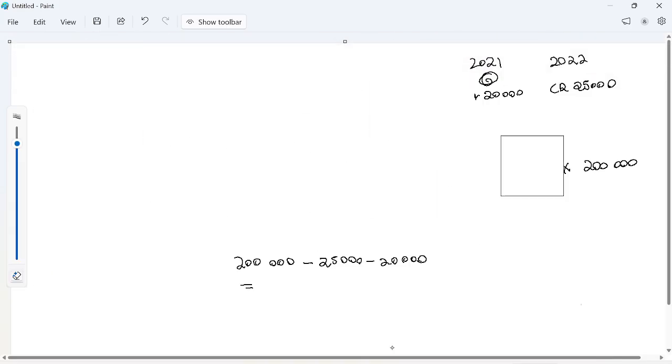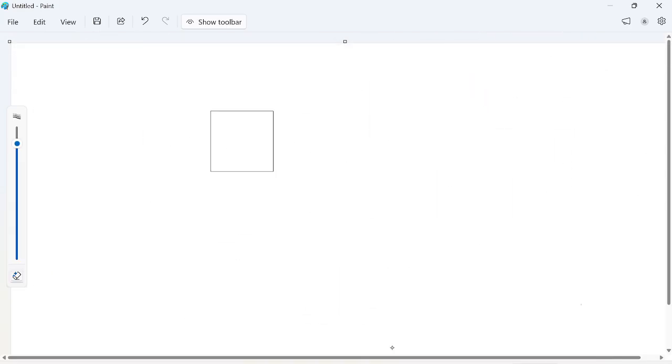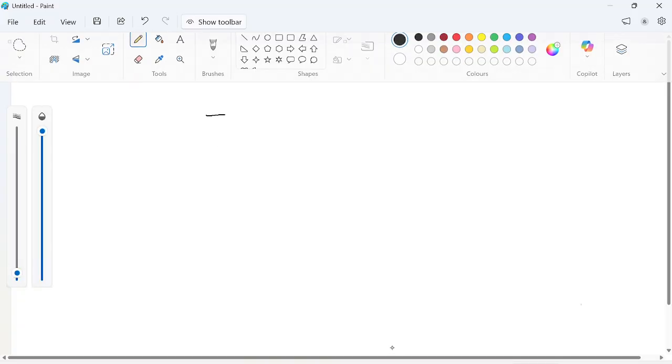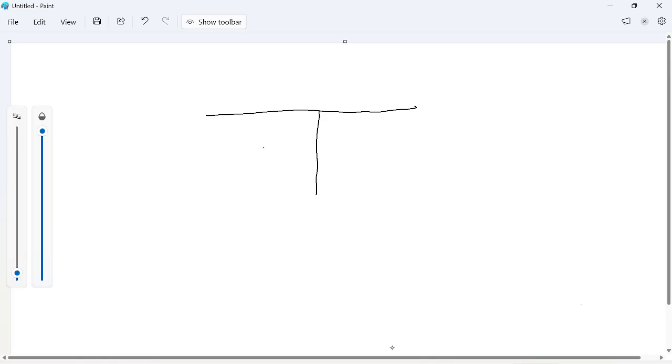Now let's go. So we have our T ledger account, which is debit and credit. I can say income tax, right? Now if you can see, when is our income tax at the beginning?